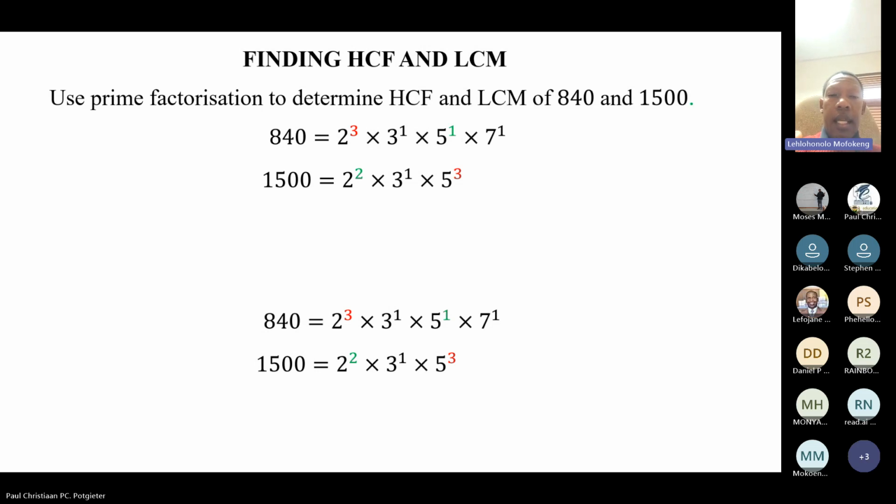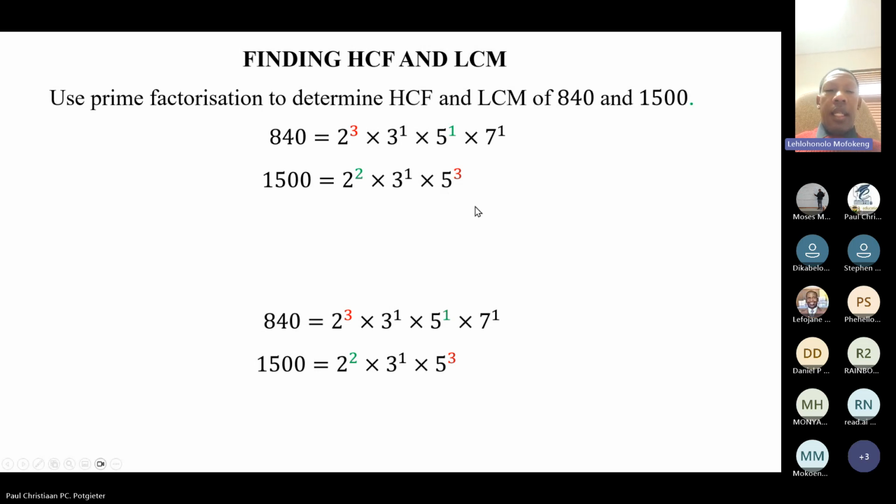As we can see there, the common bases are 2, 3, and 5. But 7 is not common, so we are not going to consider 7. We will only consider base 2, base 3, and base 5.